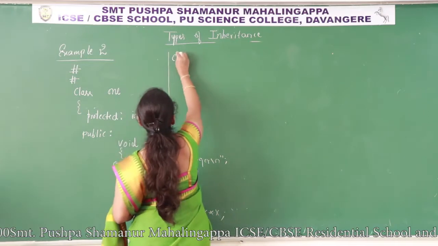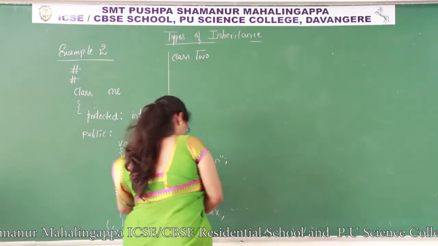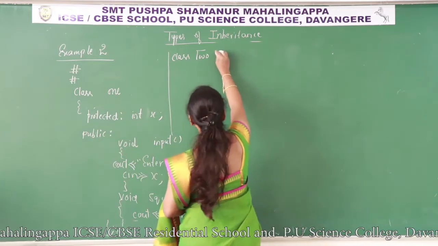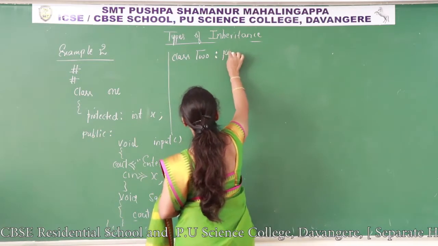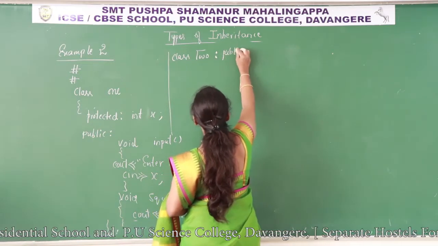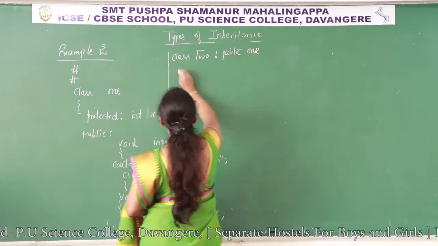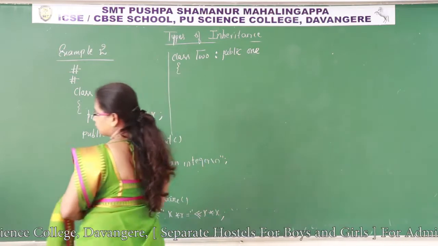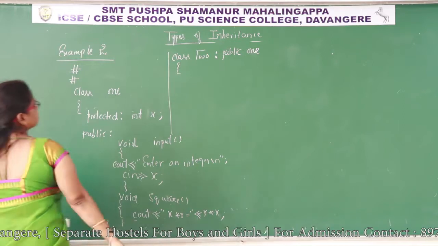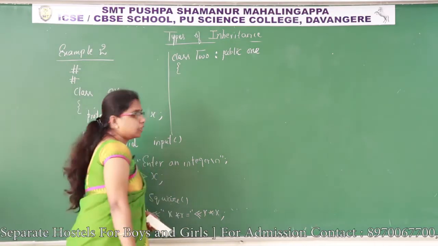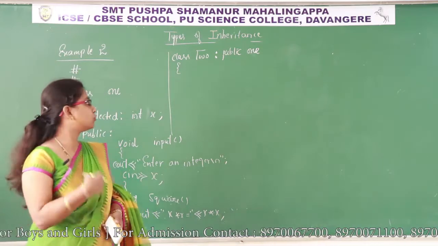And one more class, class 2, colon, public mode of inheritance. And what is the base class name here? Class 1, open flower bracket. I have taken class 2. This class 2 is a derived class of base class 1.